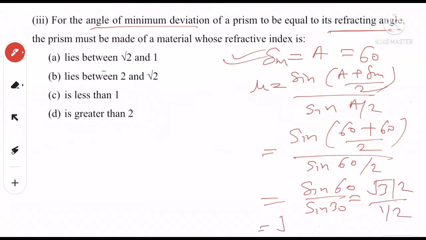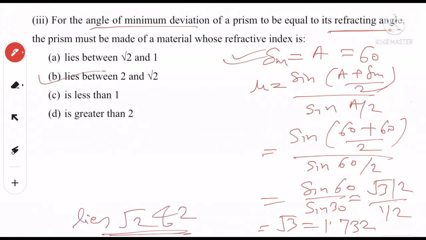So this will be root 3, and root 3 is equal to 1.732. That is, the value lies between under root 2 and 2. 1.732 lies between under root 2 and 2. Okay, so this will be the answer.